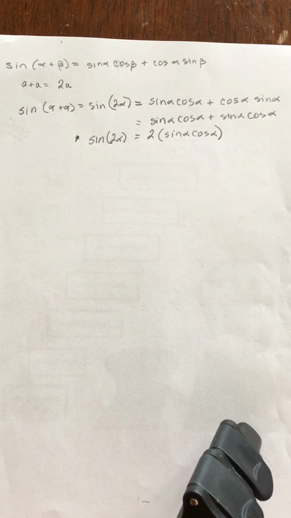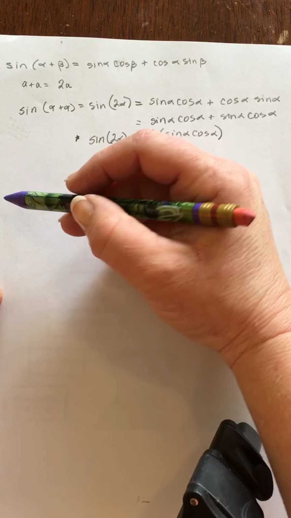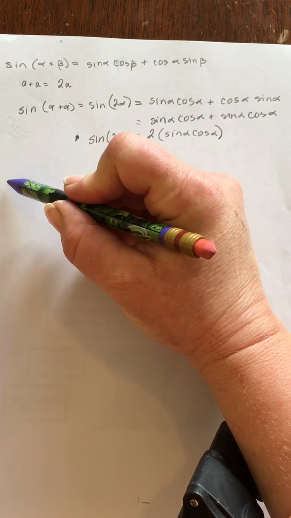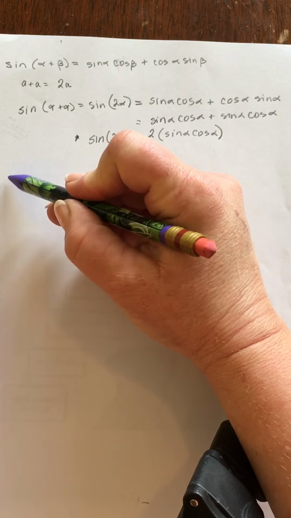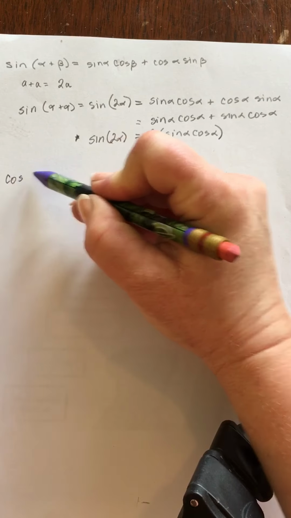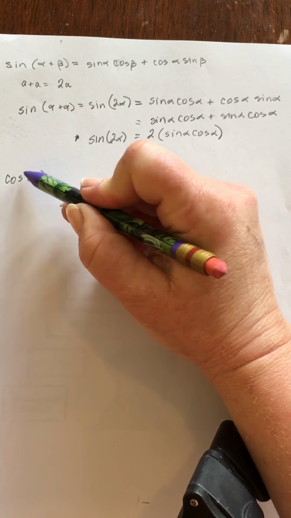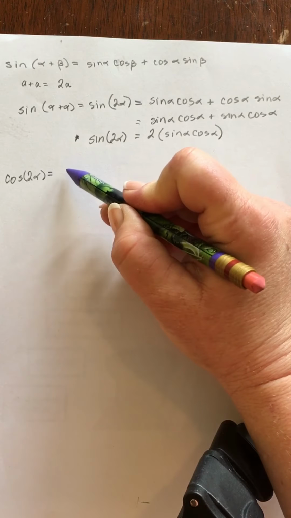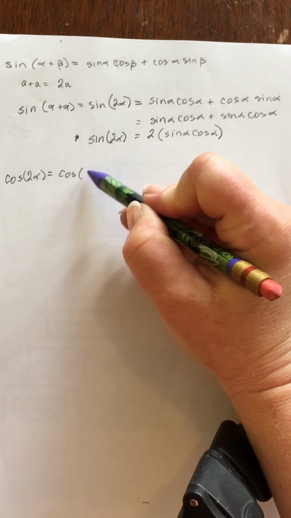Okay, so similarly, we could do the same process for cosine and tangent to get cosine and tangent's double angle formulas as well. Okay, so we are going to do cosine because it will take several forms. So the cosine of 2 alpha equals the cosine of alpha plus alpha.